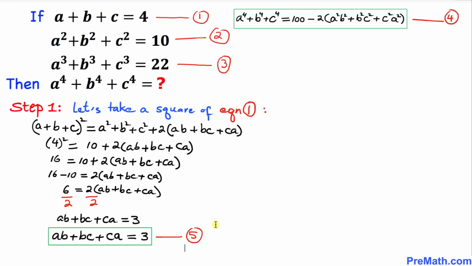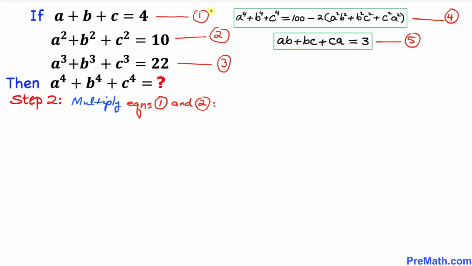All right. And in this next step, let's multiply equation number 1 and 2. We are going to multiply the left hand side first: A plus B plus C times A square plus B square plus C square. Let's distribute.